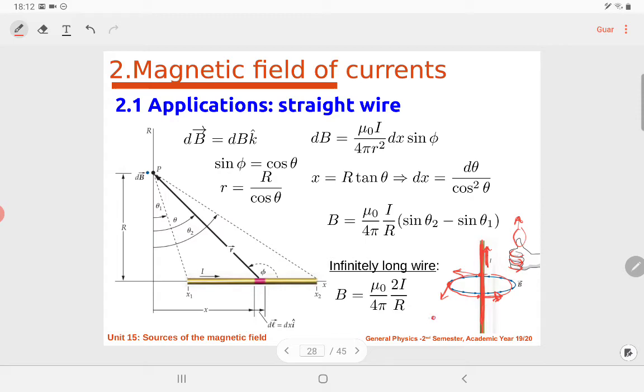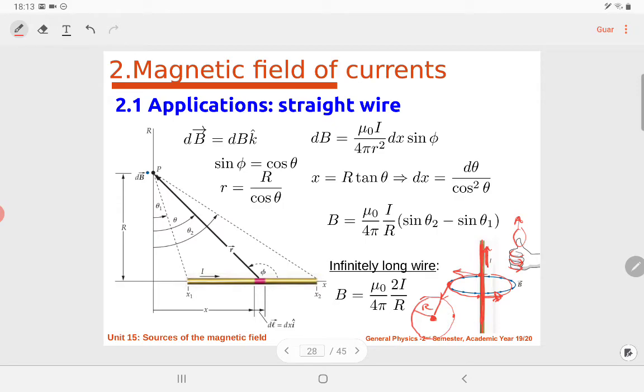If you go from above, and this is the wire seen from above, and the current is going out of the screen, then the magnetic field at all points that have the same distance, big R, is going to be the same in magnitude and in direction.